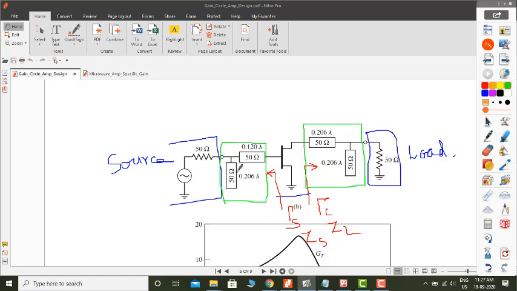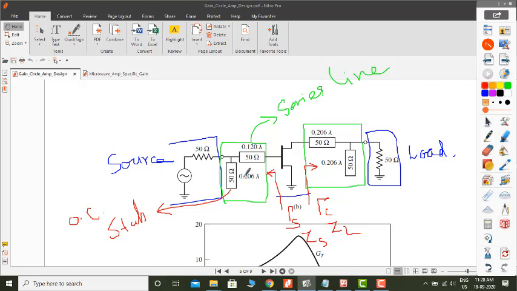To compute the length of the transmission line, this is one series transmission line, and this one is the open circuited stub. Both have characteristic impedance of 50 ohm.